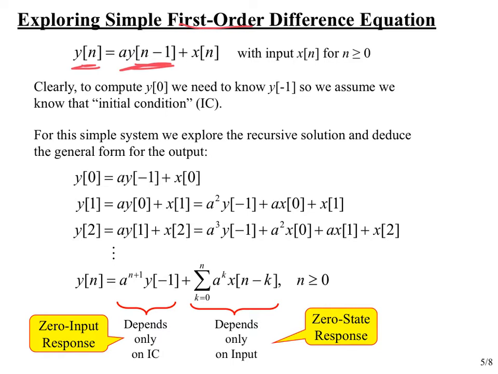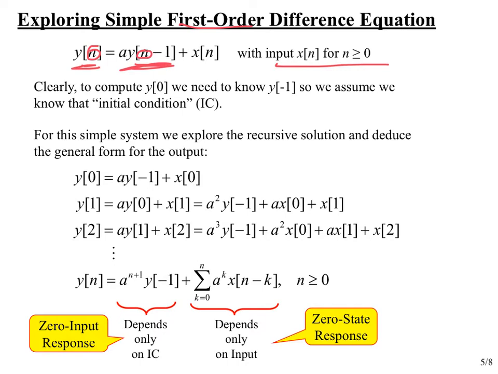We're going to assume that our input is non-zero only for n greater than or equal to 0. So if we look at this equation and we say, all right, we want to start computing at n equal to 0 because that's when our input starts, we need to know y of minus 1, because if we put in 0 for n there, we're going to have y of 0 minus 1.